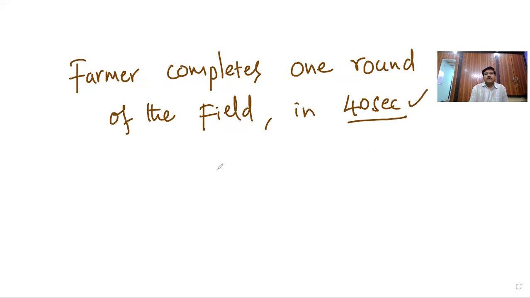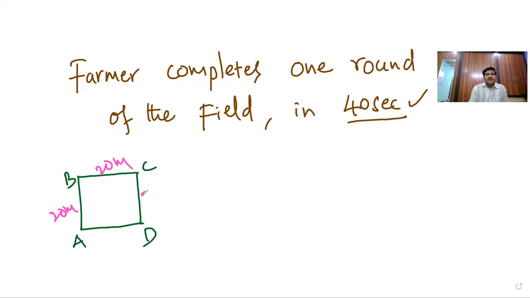Observe, this is the field A, B, C, D. All sides are 20 meters. If he starts from A, completing A to B, B to C, C to D, D to A is one complete round, which he completes in 40 seconds.